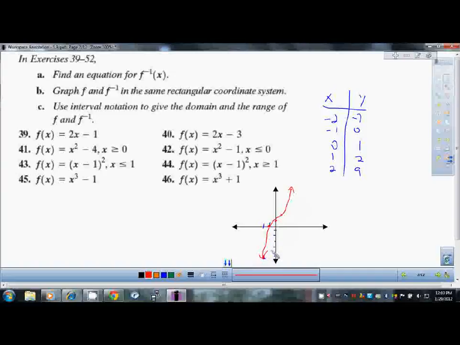And when you're done with that, try to graph the inverse. Just flip the coordinates and graph those plot points.